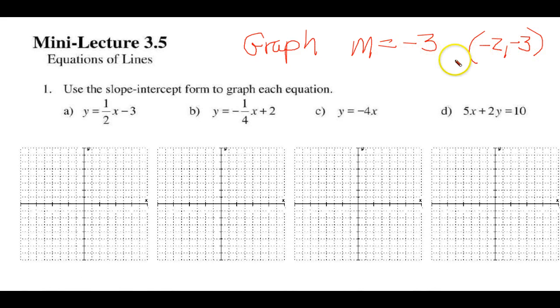So how would you do that? Well, you would do that by plotting -2, -3, right there. Now from this point, you then do your slope, which is a -3 over 1. So we would go over 1 and then up 3. Now here that happens to be the y-intercept.